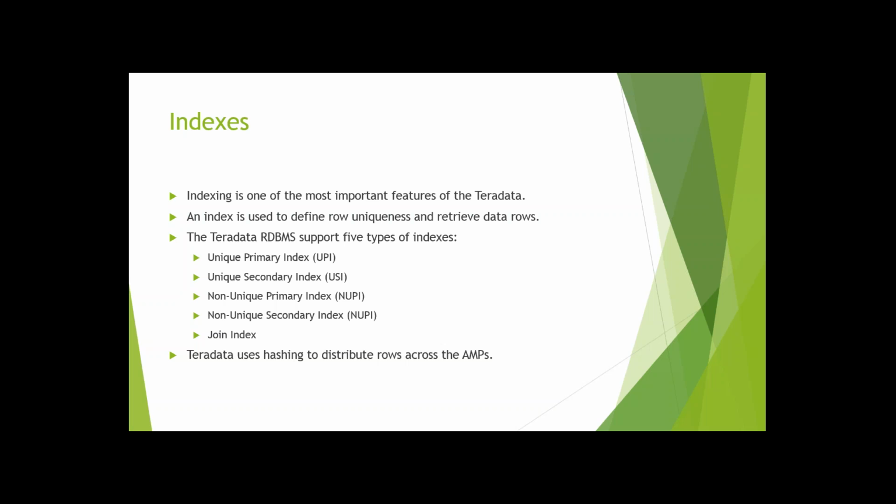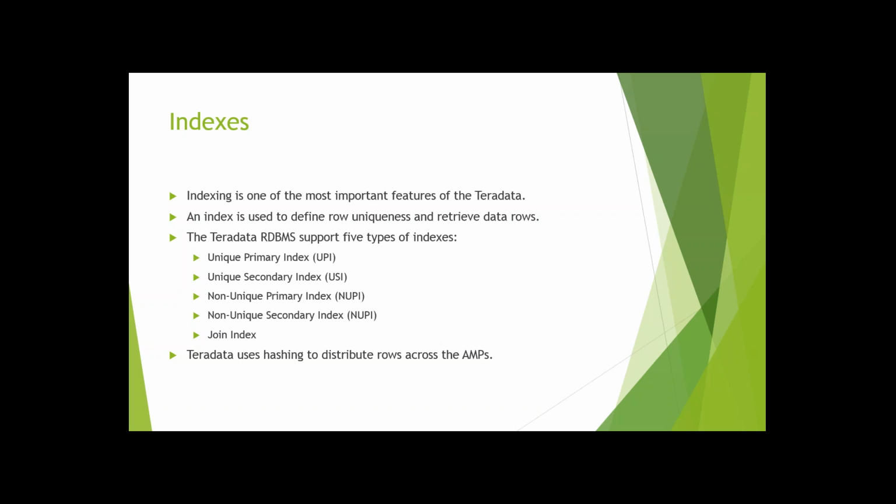Now, in Teradata, there are 5 types of indexes: unique primary index, unique secondary index, non-unique primary index, non-unique secondary index, and join indexes. In Teradata, they use something called a hashing algorithm.